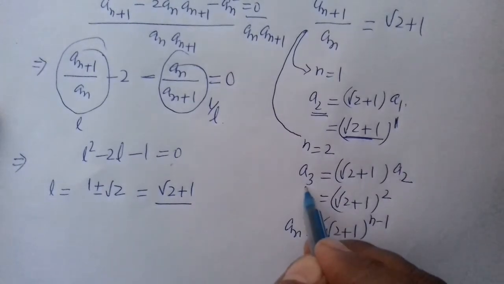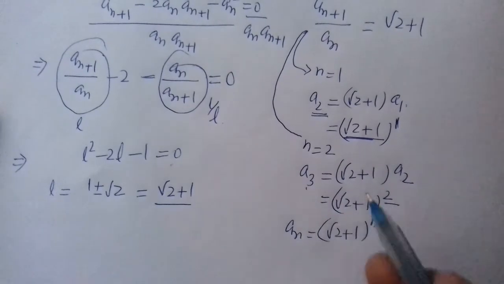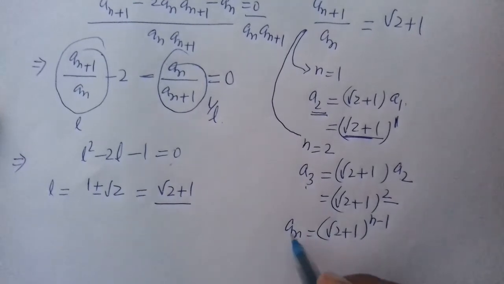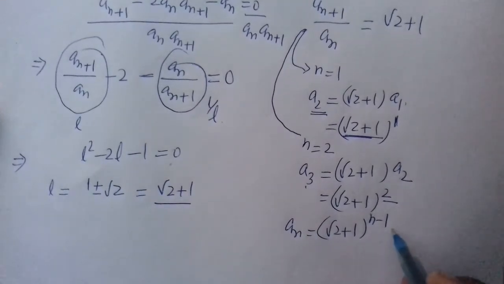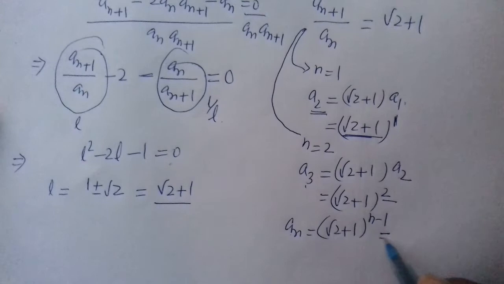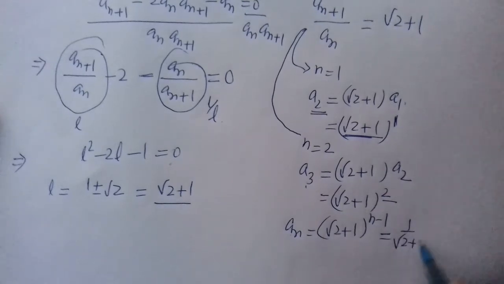Here is a3, so here is 2, one less than n, so here will be n minus 1. This can be again changed as 1 by root 2 plus 1 into root 2 plus 1 to the power n.